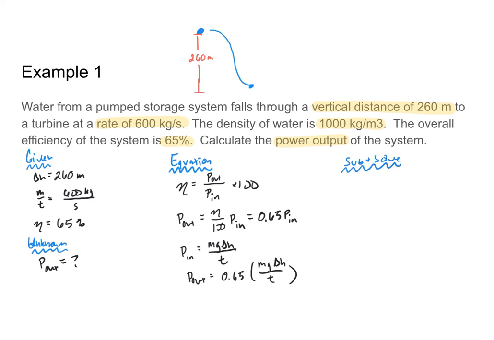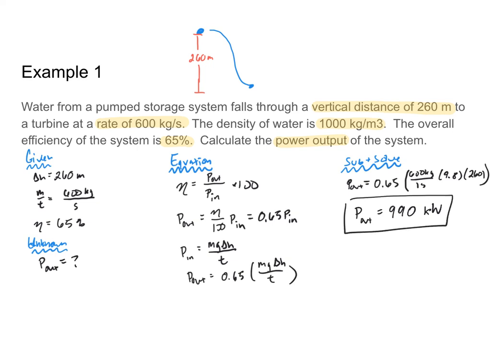My power output is going to be 0.65 times mass per unit time, which is 600 kilograms per second, times 9.8 times 260 meters. So my power output is going to be approximately 990 kilowatts, or 990 joules per second.